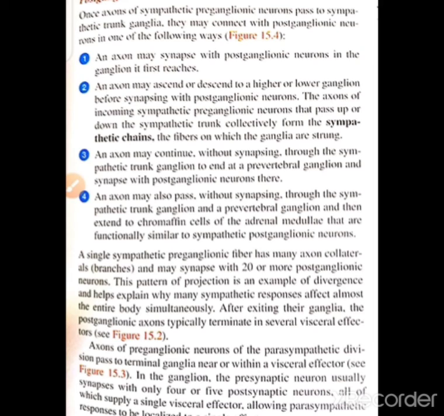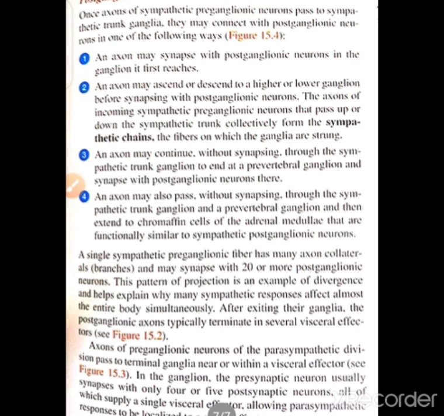So in the ganglion near or within a visceral effector, the presynaptic neuron usually synapses with only 4 or 5 postsynaptic neurons.